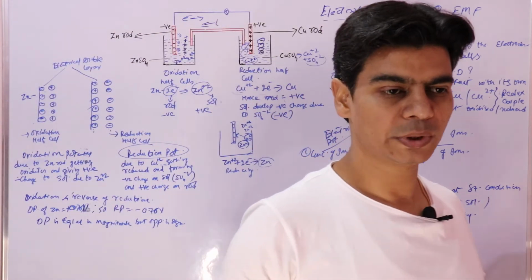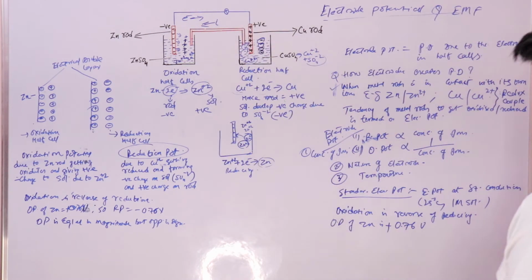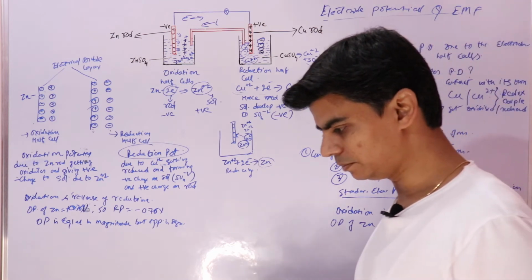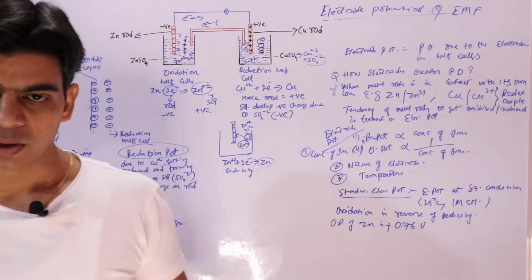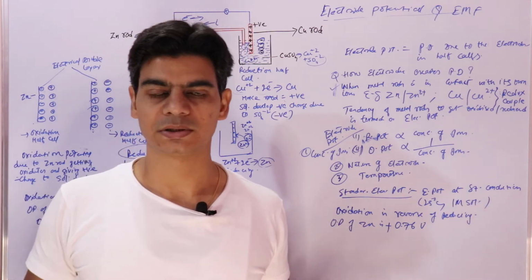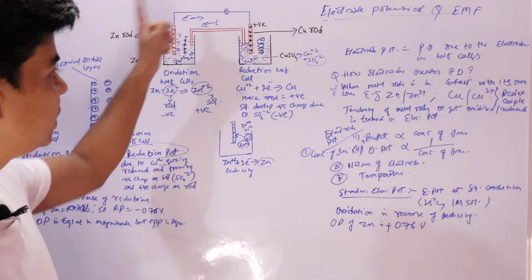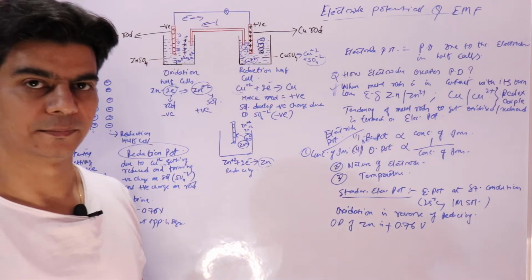Now let's quickly see what EMF is. Electromotive force of this cell exists when we have a potential difference. EMF is nothing but a potential difference. So where do we see potential difference in this cell?